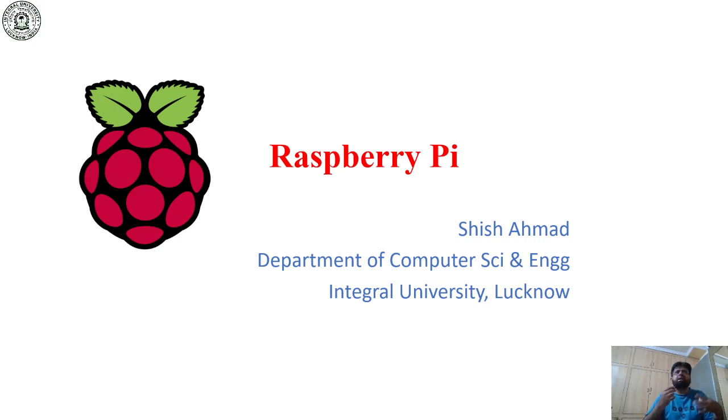Because it's a tradition that companies are now naming their products after fruits like Apple, Jelly, and Strawberry. Okay, operating system. So following the same tradition, they put their name as Raspberry.